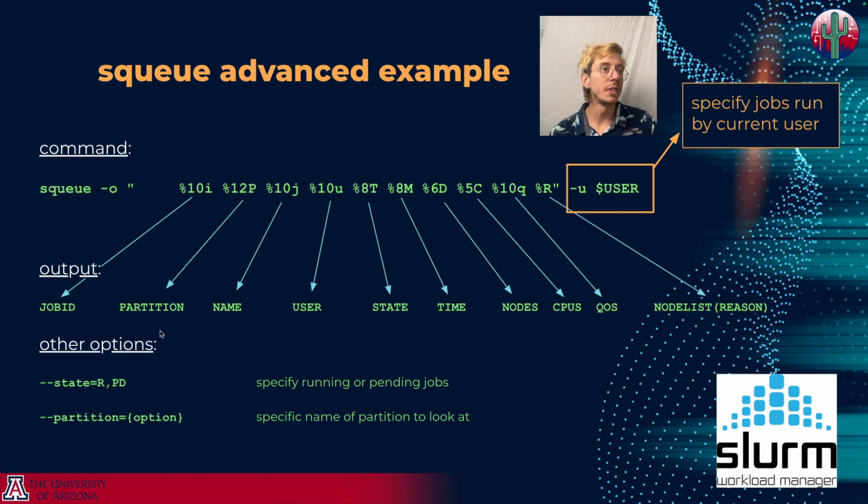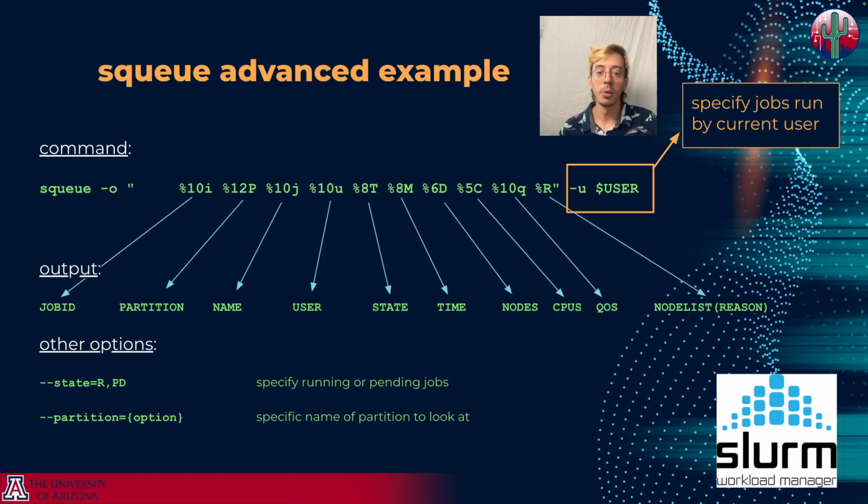A lot of them are the same as before, but we can see that you're also able to format strings in a way that you might do in Python, for say. So the %10 here tells you that it gives 10 spaces in order to print out the job ID. Sometimes it might get truncated in the original SQ command, but here you're able to give it a little bit more space so that you can see the full output.